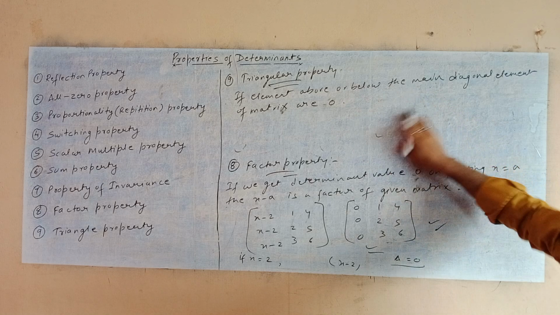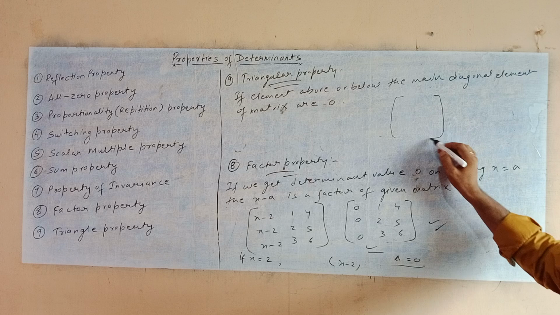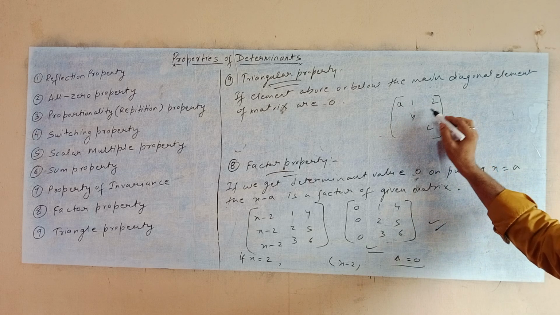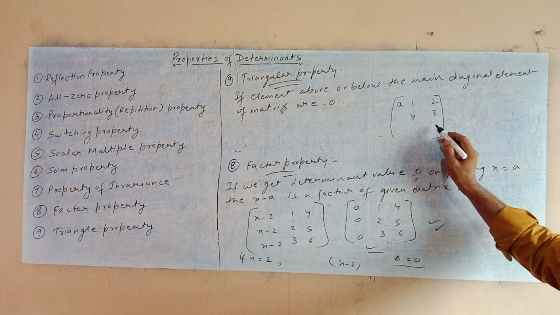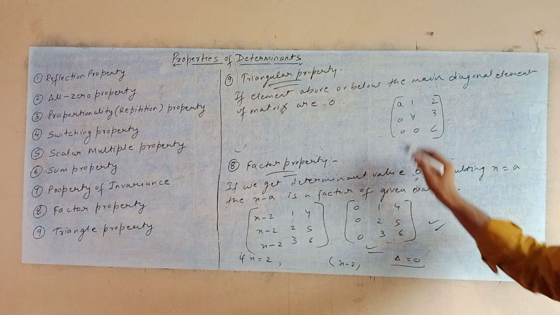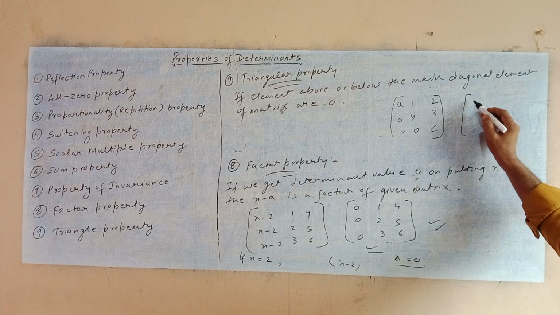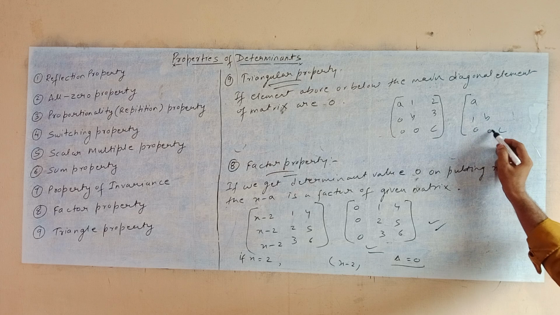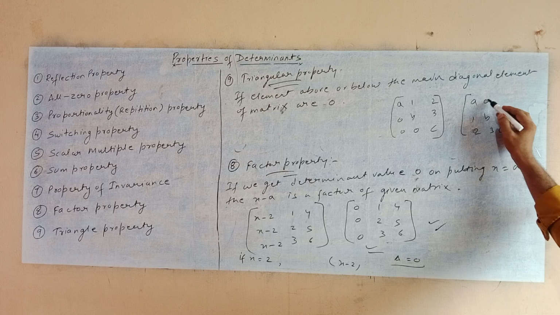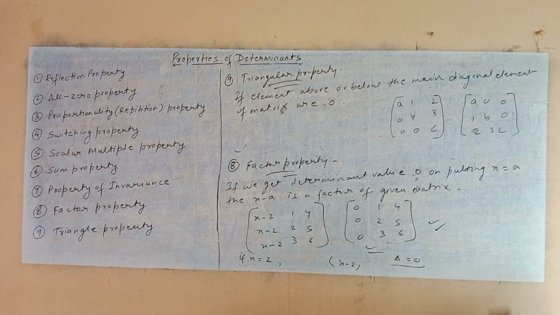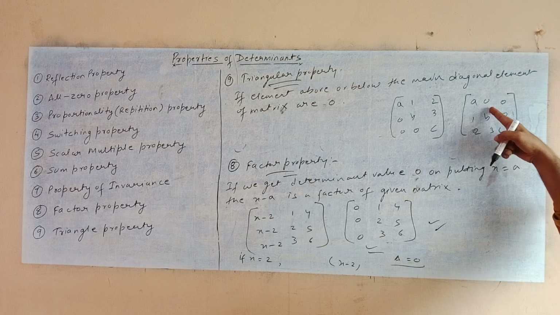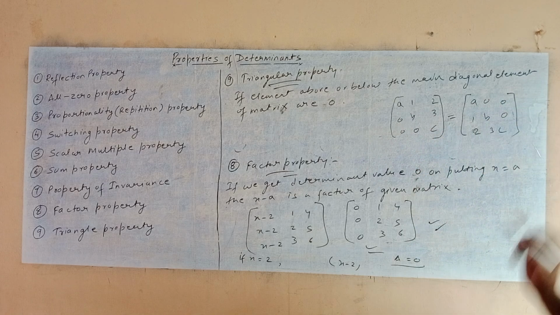If we write the main diagonal, you will write A B C. Now suppose 1 2 3 is written here, and here 0 0 0 is written. See, this is the main diagonal, and below the main diagonal the elements are 0.